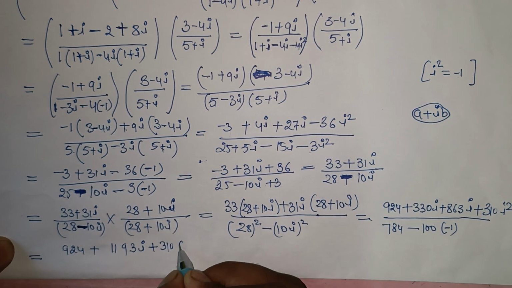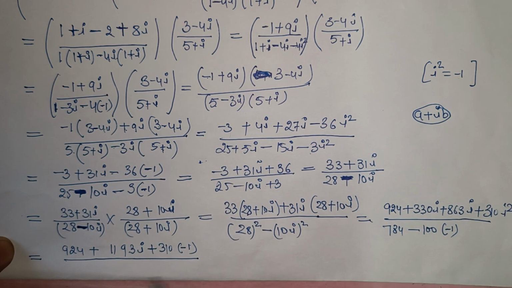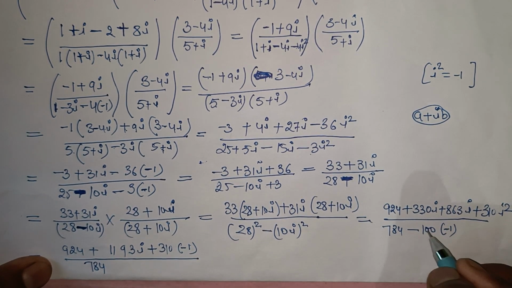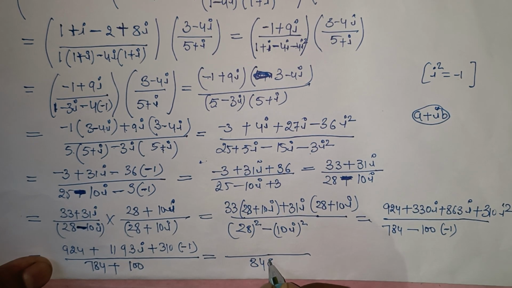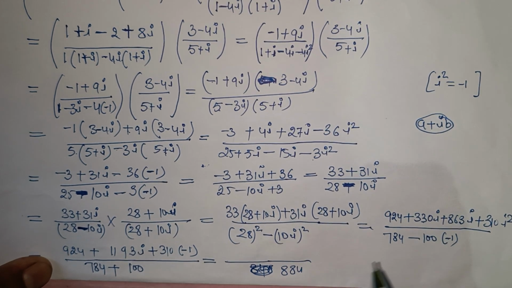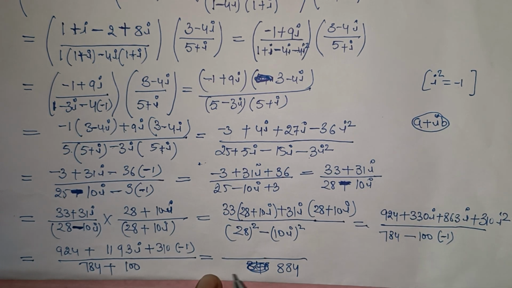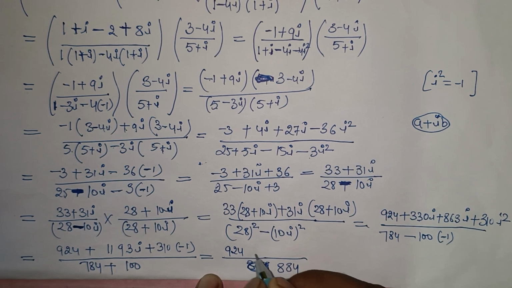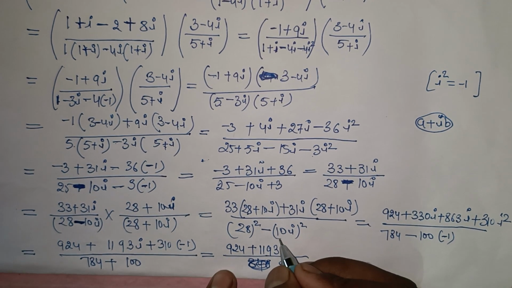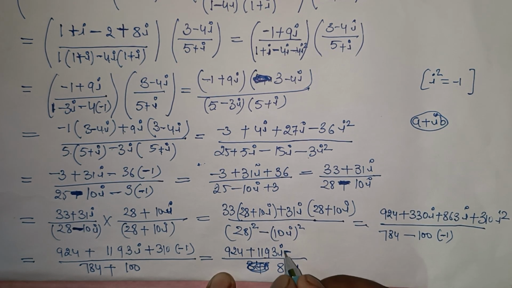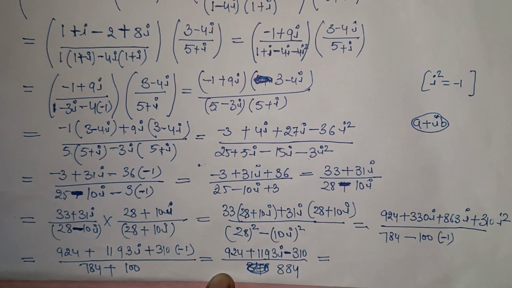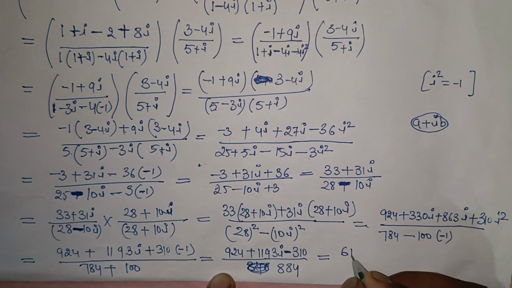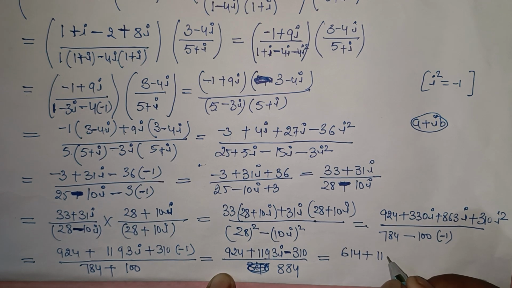Then the value of iota square is minus 1, so the 310 term becomes minus 310. In the denominator, 784 and minus minus plus 100 gives 884. The numerator is 924 minus 310, which is 614, plus 1198 iota, divided by 884.